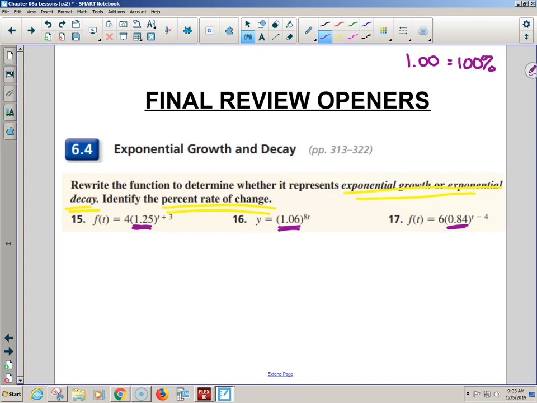Because remember, it's something to use to study from. Label each one, growth or decay?